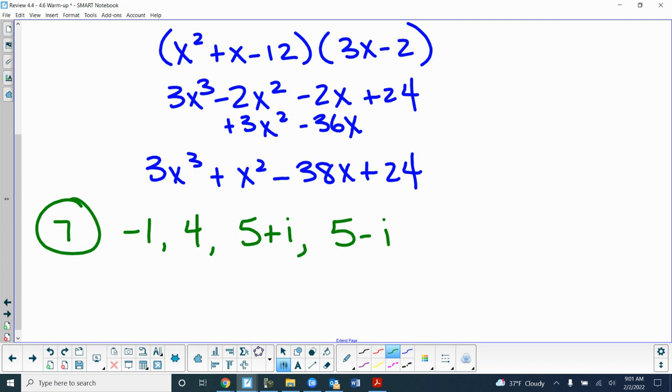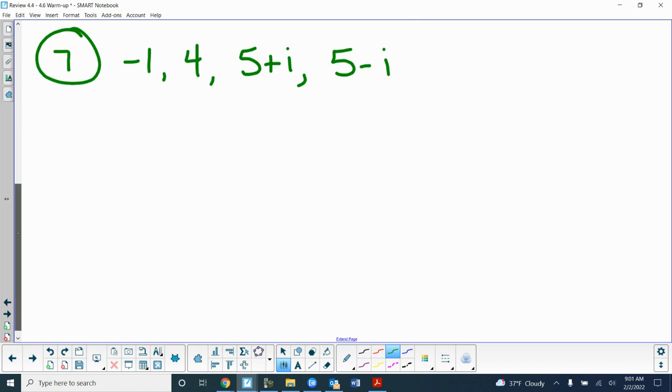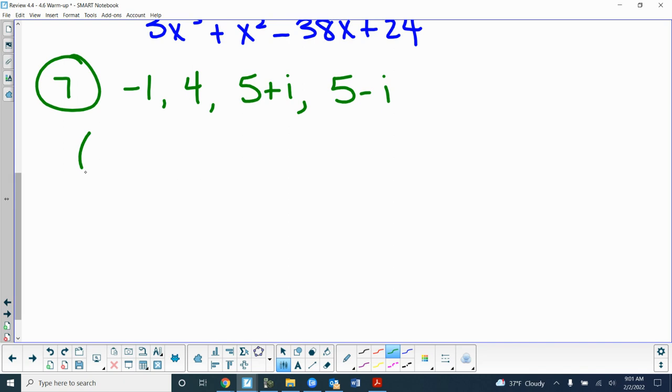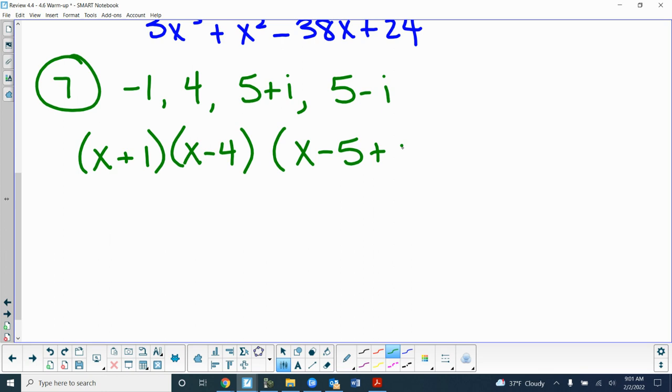All right. But again, these start out as x minus every time. I get kids that still won't put an x minus in front of the imaginary ones. Okay, you need x minus. So that becomes x plus 1, x minus 4, x minus 5 plus i, and x minus 5 minus i.